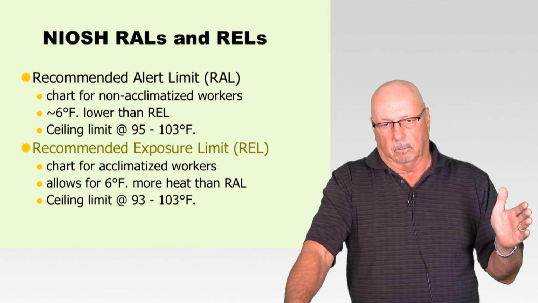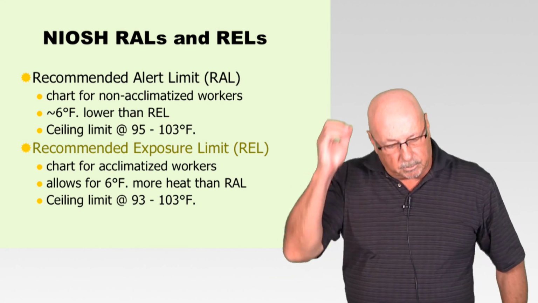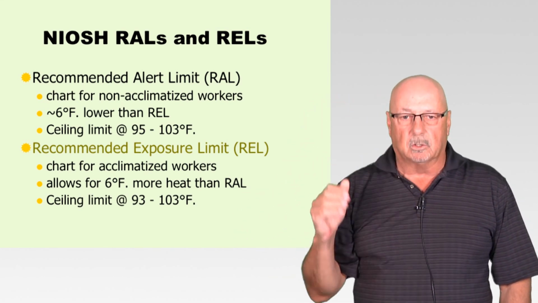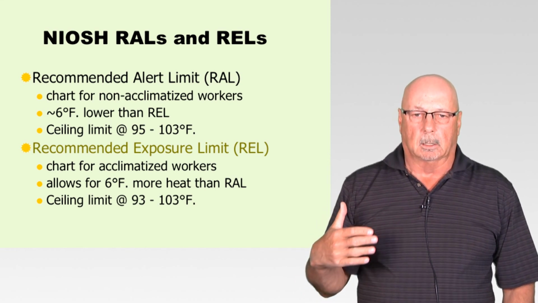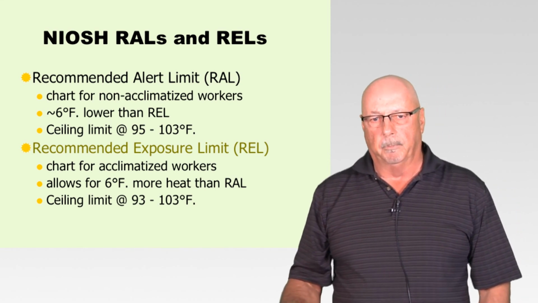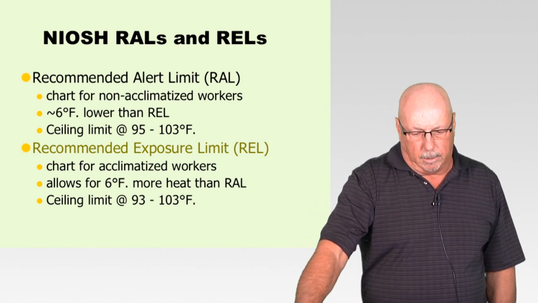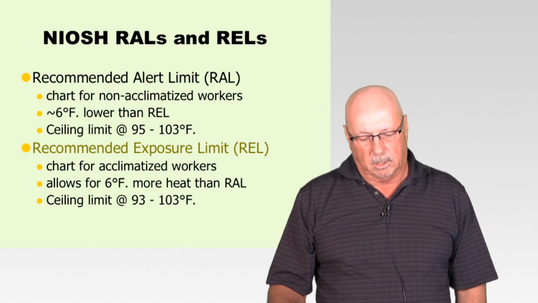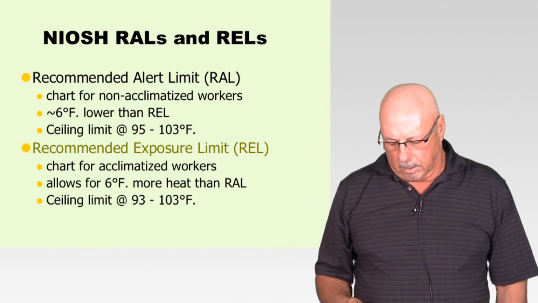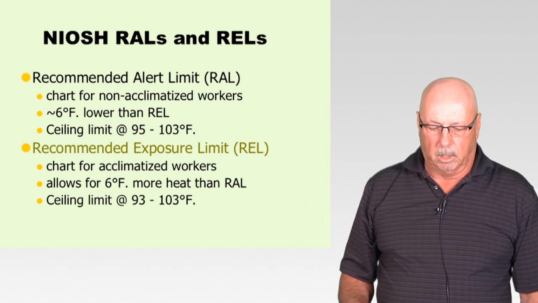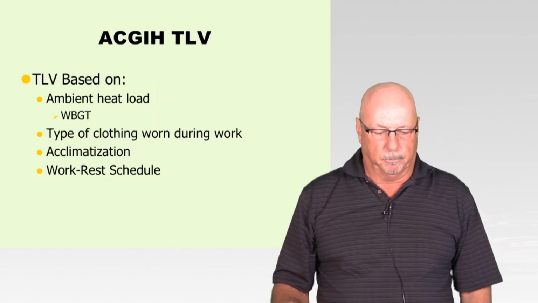And then the recommended exposure limit that they have, again, you need to concentrate on acclimatization. Acclimatization takes approximately 2 weeks for a worker to become accustomed to working in the high temperatures. And then again, you have some ceiling limits established for when they can work from 93 degrees to 103 degrees Fahrenheit.